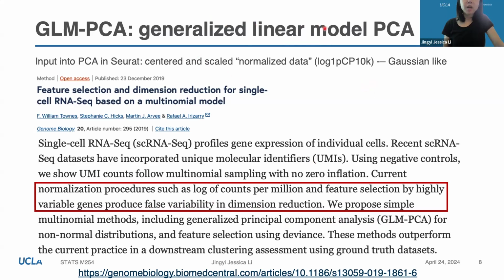That's where GLM comes in, for non-normal distributions, and feature selection using deviance. So deviance is the concept in generalized linear models that's analogous to the variance in linear models, because the linear model assumes a normal distribution while the generalized linear model assumes non-normal distributions, which I will briefly cover in this class because I think it's very useful to know.